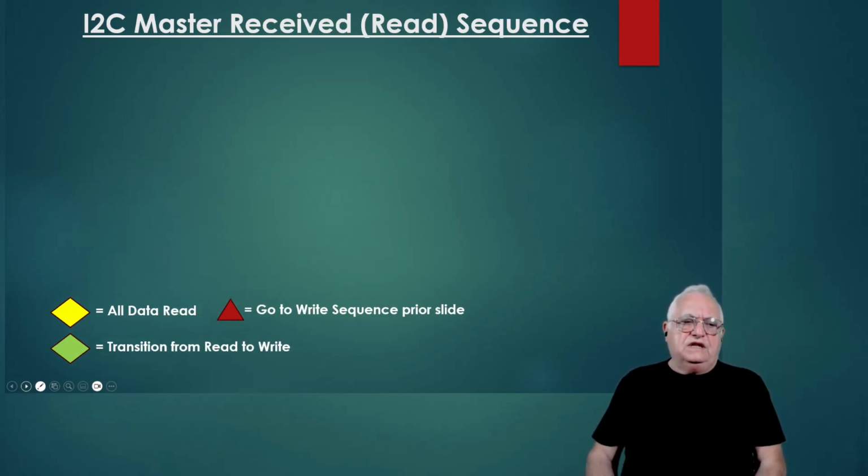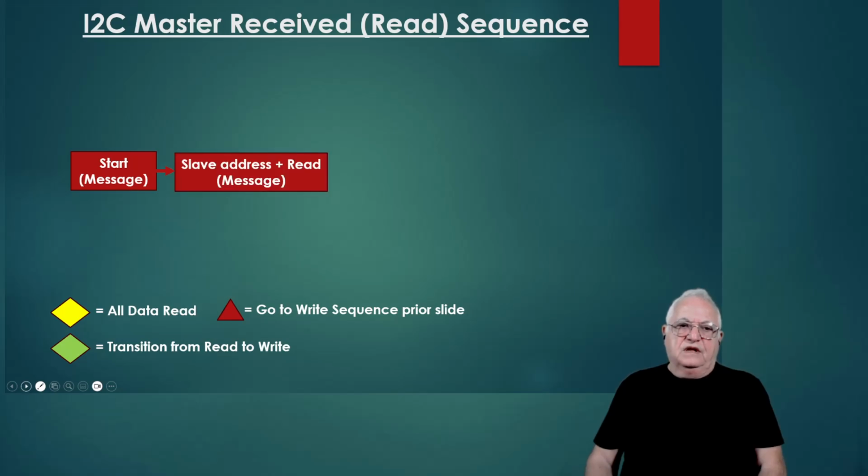So let's look at the read sequence from the master's standpoint. First thing the master does is send what's called a start message. After sending the start message, it sends the slave address plus read command. Then the master starts reading the data, and it continues to read data until all the data has been read.